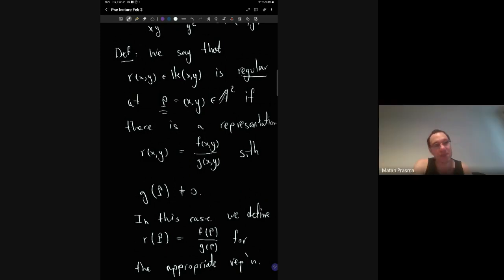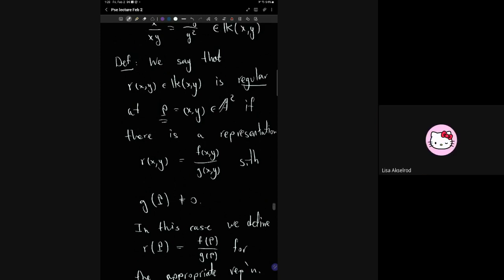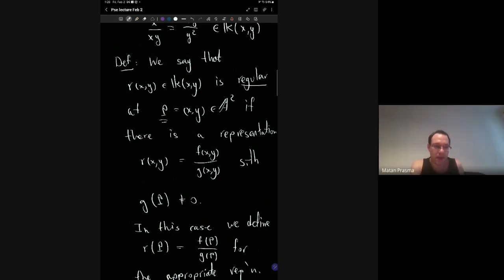Oh, I see. It's related, but in algebraic geometry, this case is called regular. Regular is a generic term used all over mathematics when you want to say that something is nice. There are regular, normal, and so on. So this is just standard terminology. In this case, regular will mean that it is defined at this particular point P.